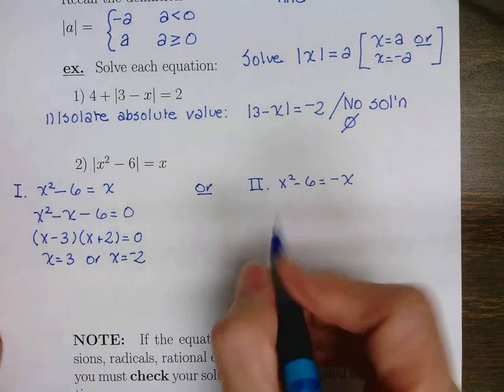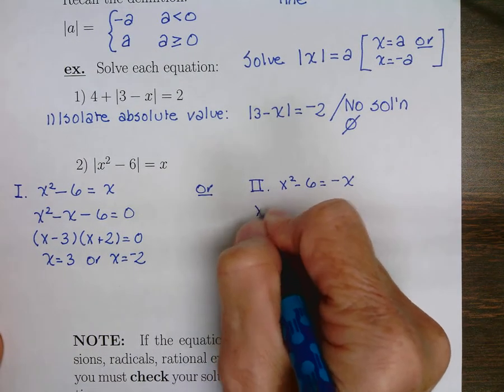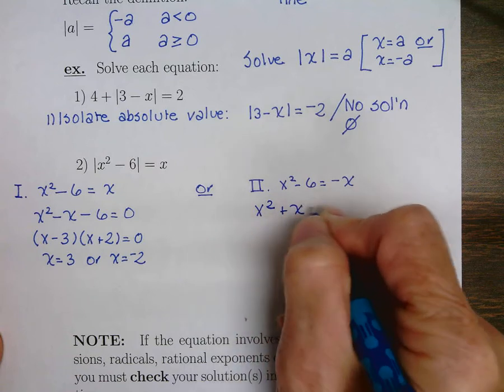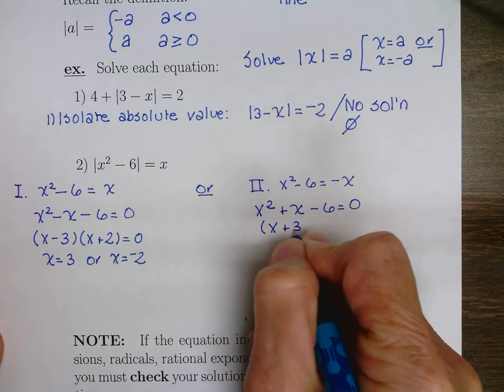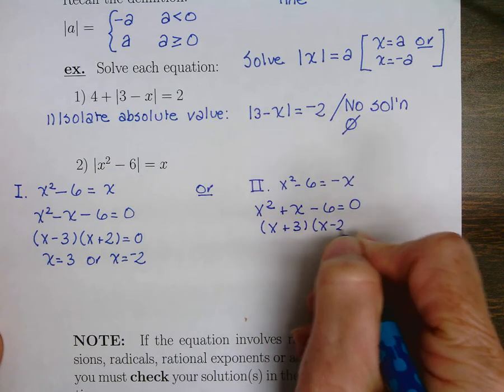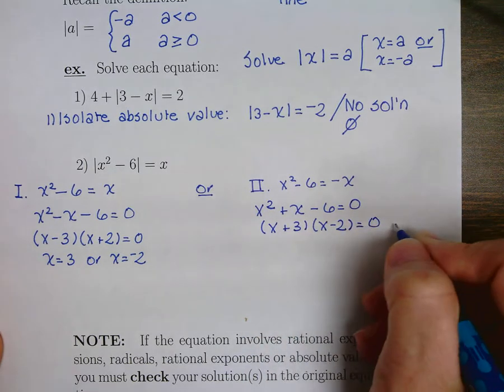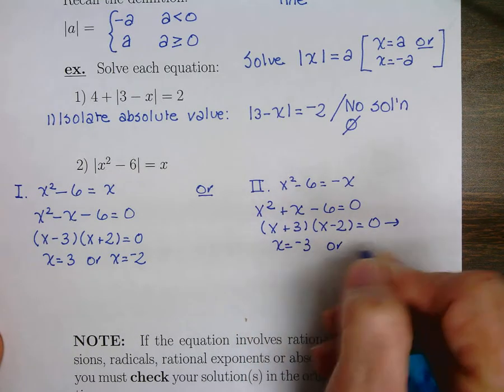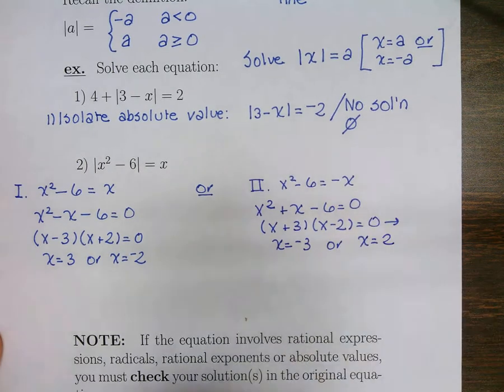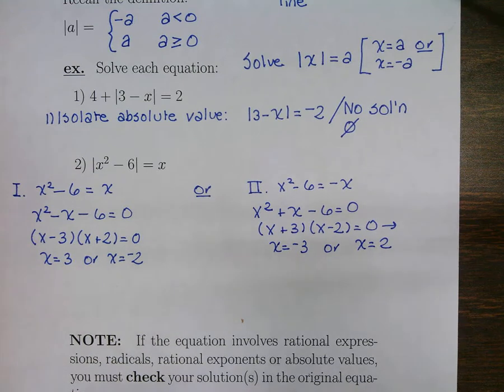Okay? The second, I get x squared plus x minus 6 equals 0. That factors as x plus 3, x minus 2. So it looks like x equals negative 3 or x equals 2. Great.